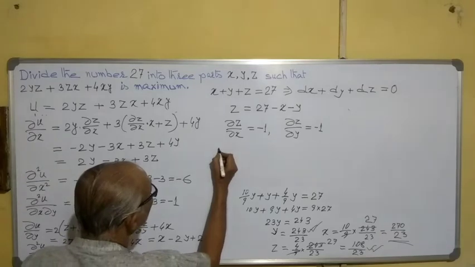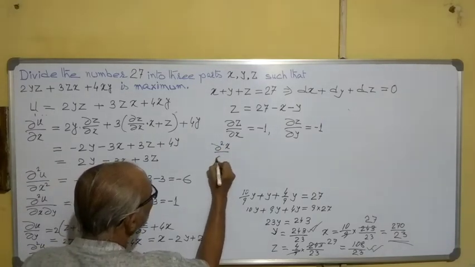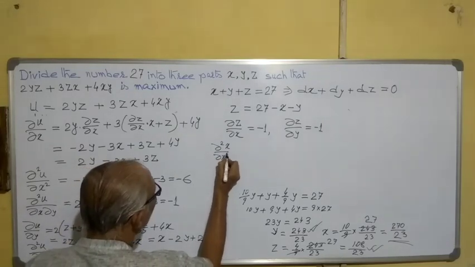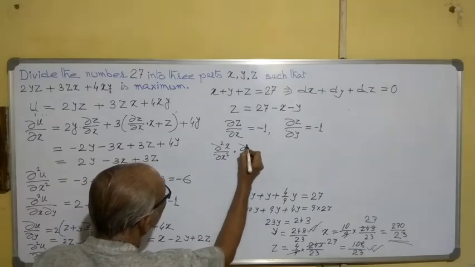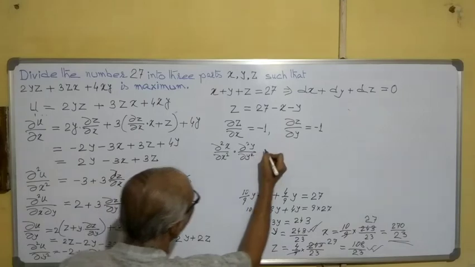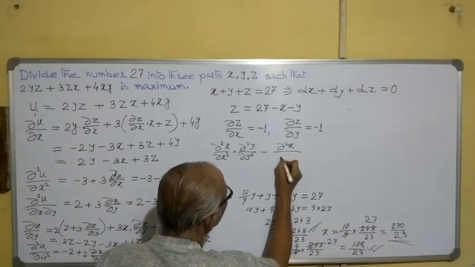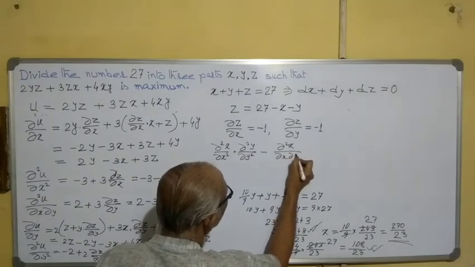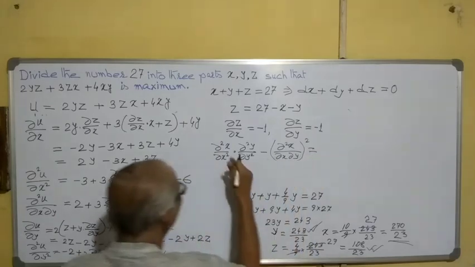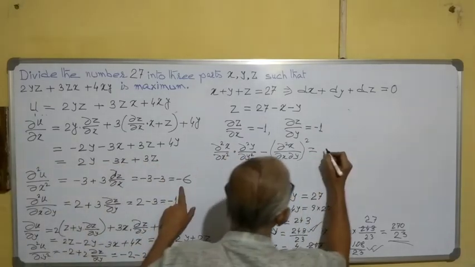Now we will calculate, as you know the formula, del 2u by del x square into del 2u del y square minus del 2u del x del y whole square. This value you have to calculate. Del 2u del x square we got minus 6.